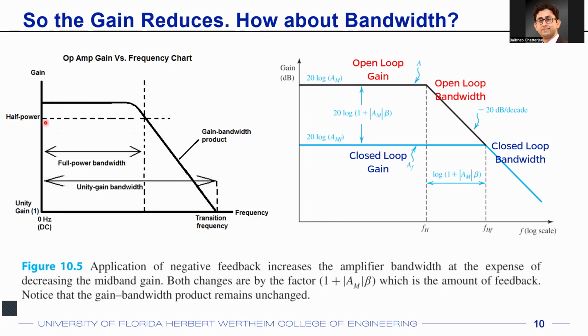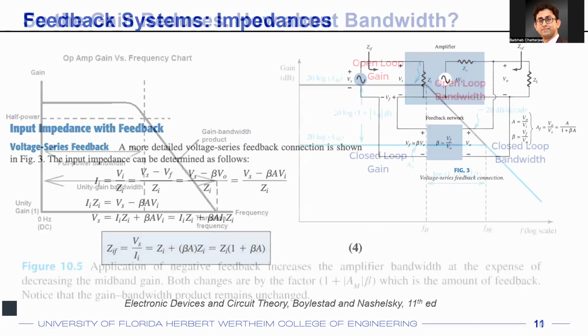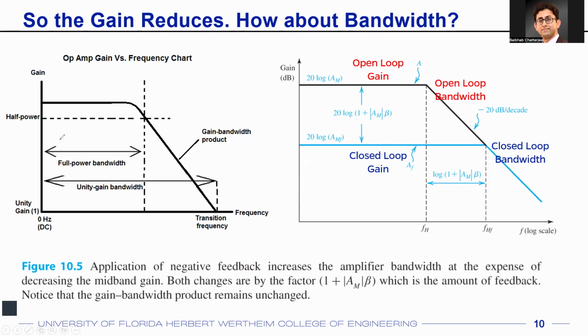It means that your power at the DC level or at lower frequencies is, let's say, A squared. Maybe again, let me write that down. So let's say the amplitude of gain, or basically the voltage gain, is A at this point, which means that the power gain is A squared.